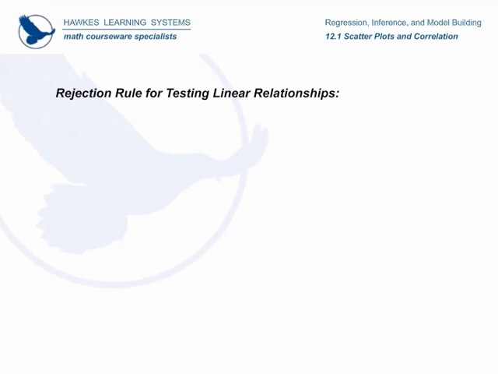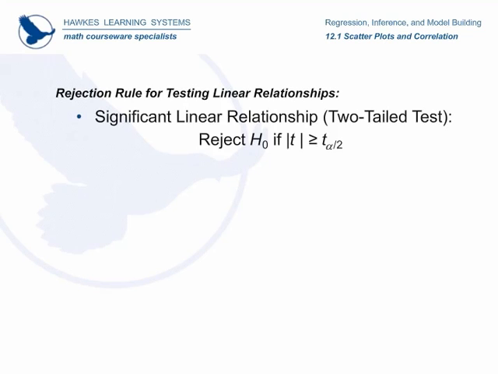So let's take a look at the rejection rule for testing linear relationships. First, significant linear relationships for the two-tailed test. We want to reject the null hypothesis if our t-score is greater than or equal to the t-value of alpha divided by 2, our level of significance divided by 2, because we've got a two-tailed test.